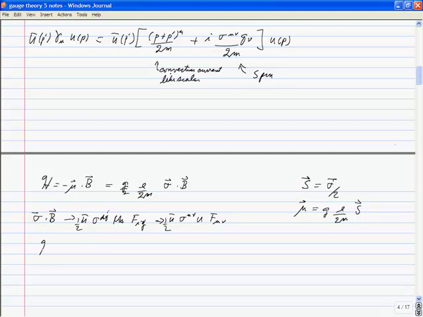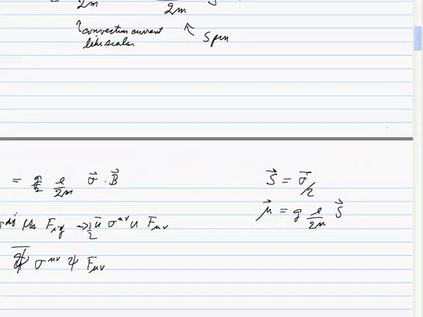So the Hamiltonian is g over 2, e over 2m, psi bar sigma mu nu psi F mu nu over 2.